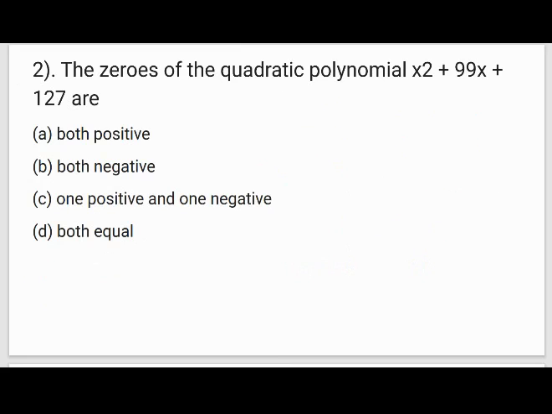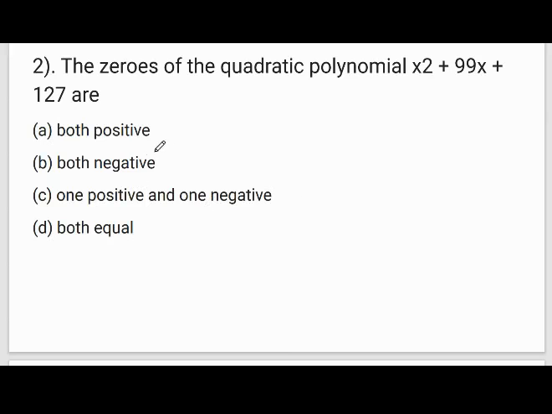Okay. Now the second question is, the zeros of the quadratic polynomial x square plus 99x plus 127 are. The options are both positive, both negative, one positive and one negative, both equal. And there is a very easy alternative method.